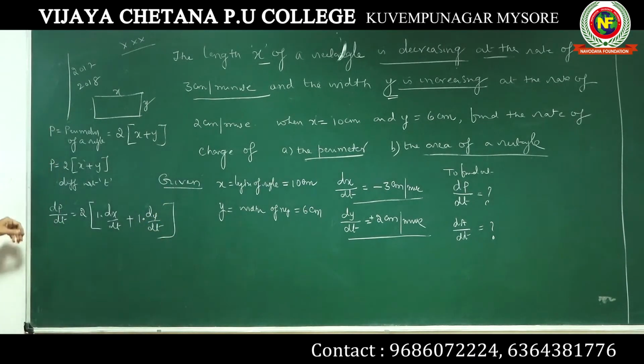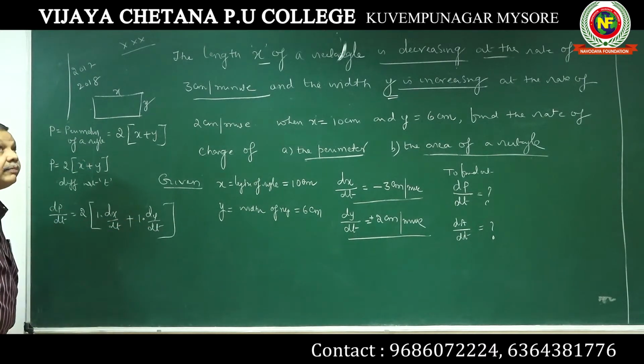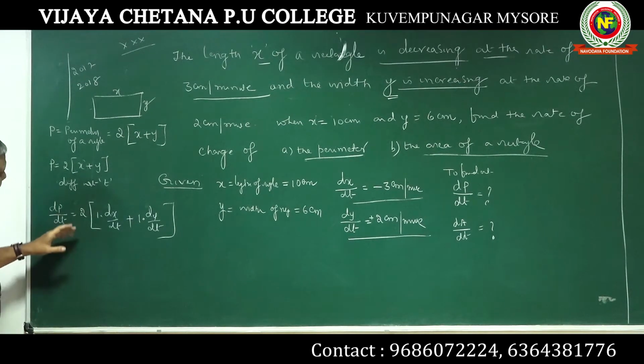Understood? This is a very important one. dp by dt is 2 into 1 into dx by dt plus 1 into dy by dt. Now it is very easy. You have to find out dp by dt.